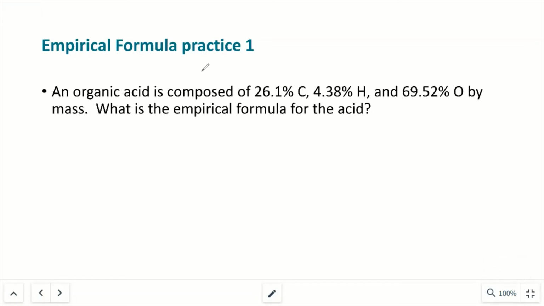So remember our steps here. First thing, turn all the percents into grams just by changing the unit: 26.1 grams of carbon, 4.38 grams of hydrogen, 69.52 grams of oxygen.